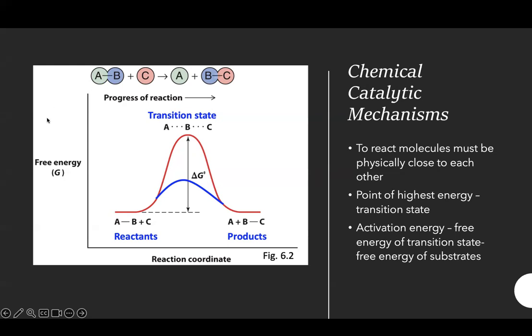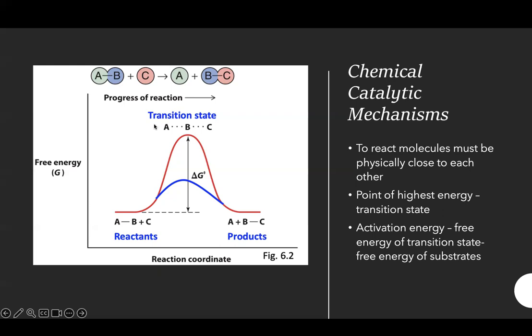So we have free energy on the y-axis and the progress of the reaction on the x-axis. So the point of highest energy would be the transition state. And this is exactly the energy change that needs to be overcome for a reaction to occur.